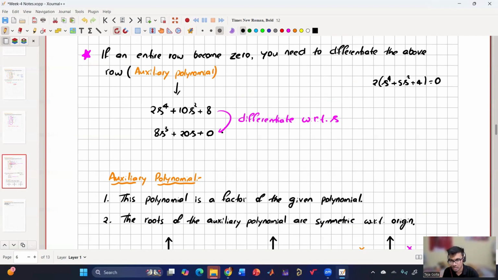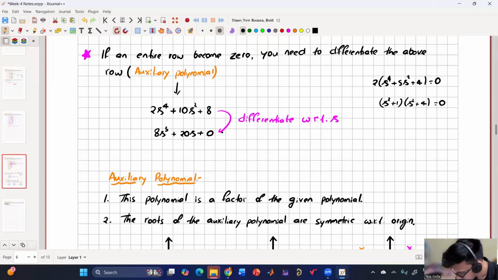Can I write like this? s square plus 1 into s square plus 4 equals to 0. Correct, sir. Yeah, so now what is the value of s?